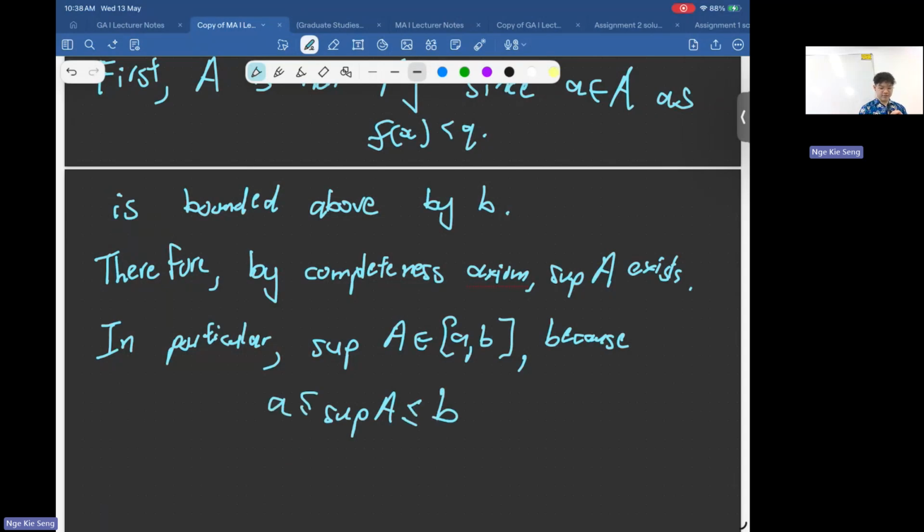I think the first one is obvious, right? Because sup A is an upper bound. How about the second one? Sup A is a least upper bound.